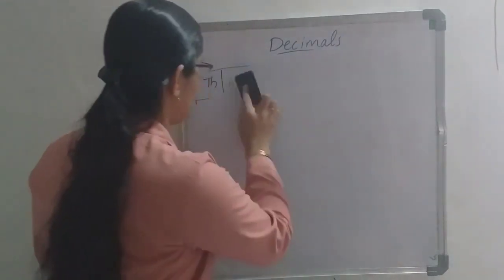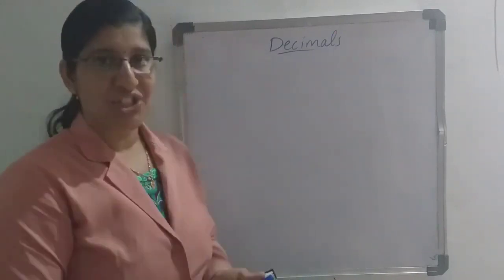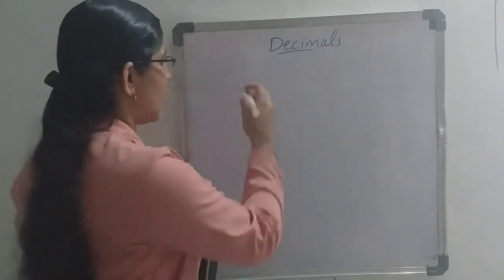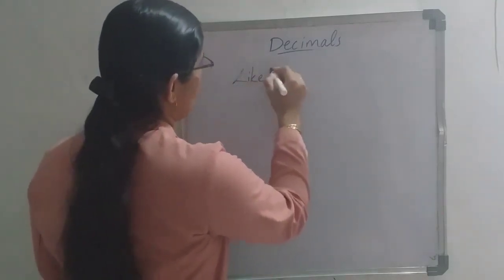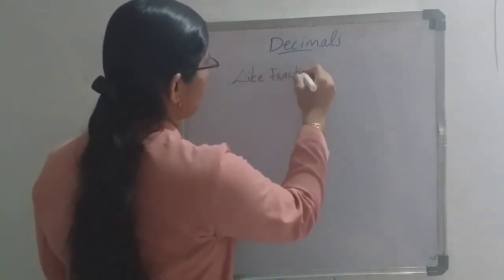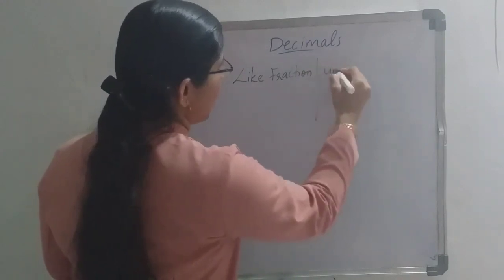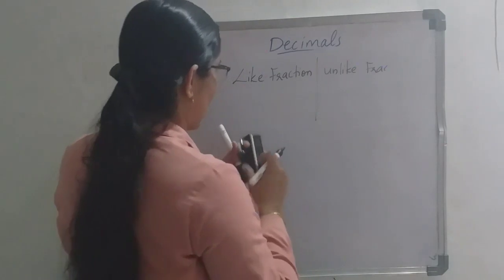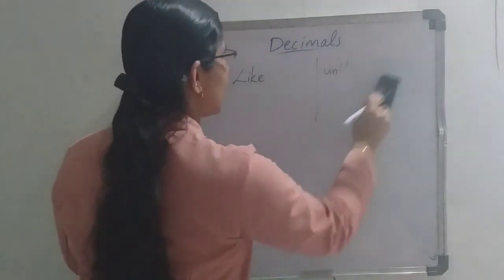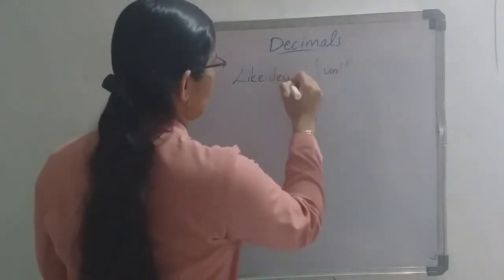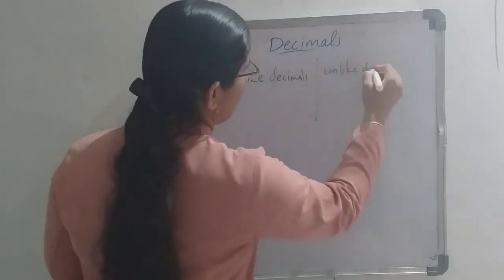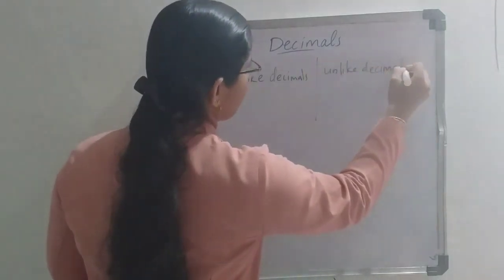Last, a very small topic. Like the fractions, here also we can divide the decimals into like decimals and unlike decimals. What do you mean by like decimals or unlike decimals? Do you know?